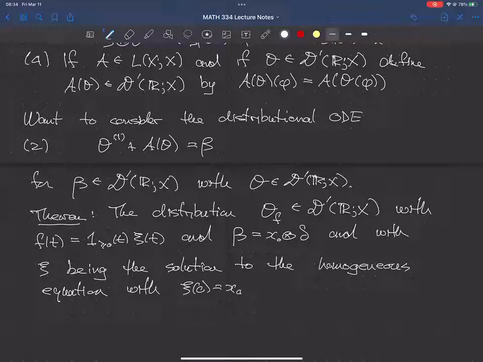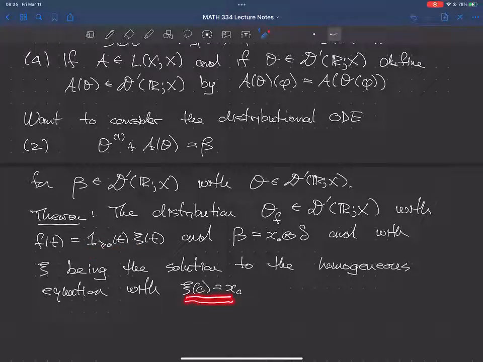Okay, so I apologize. I said this in an awkward way, but so I have this equation, okay, with beta equal that, first of all, so I've chosen some x naught, and I've taken a specific inhomogeneous term that looks like this. I'm saying that the solution to that equation is of the following form. So it's theta f, where f is just like it was in the scalar case. It's a product of the step function with some solution to the homogeneous equation.